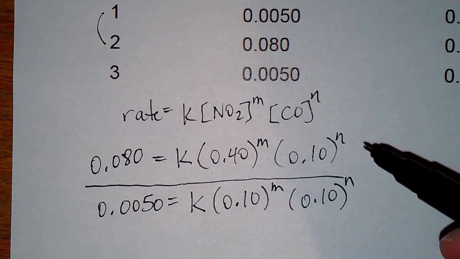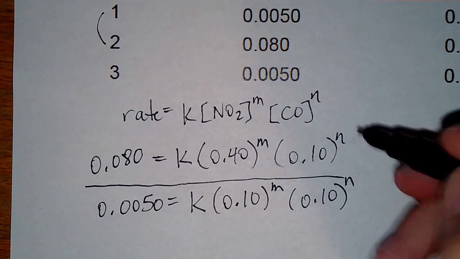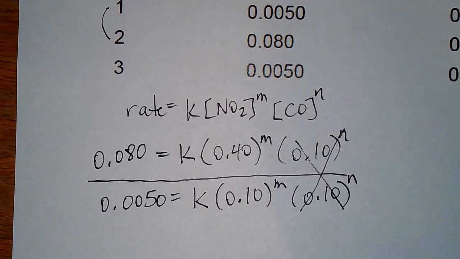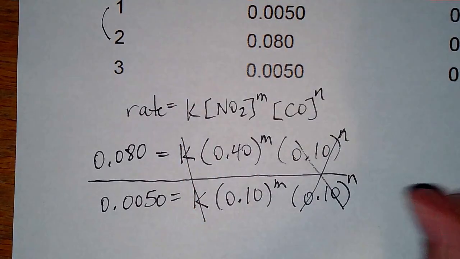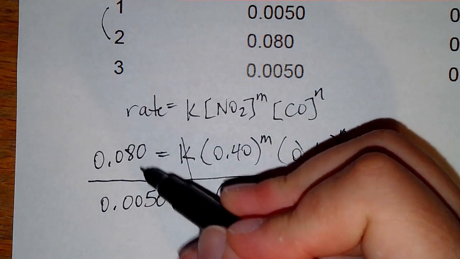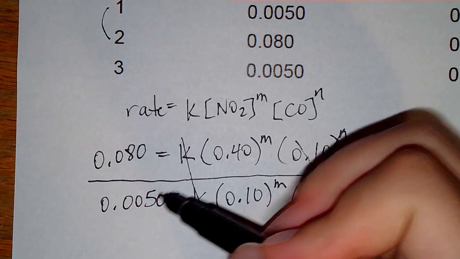So since my CO information is the same, I'm going to cross this out. My K's, whatever those are, are the same thing, so I'm going to cross those out. Over here, I'm going to divide 0.08 divided by 0.005. So when I do that, I get a value of 16.